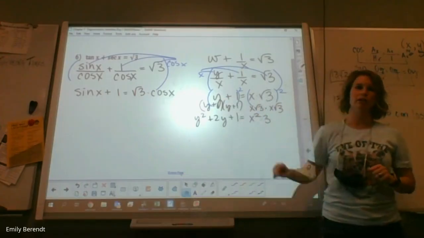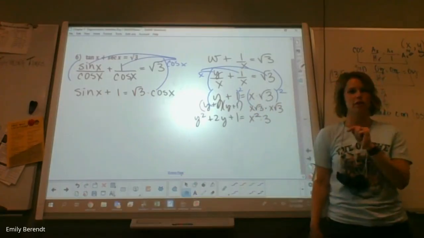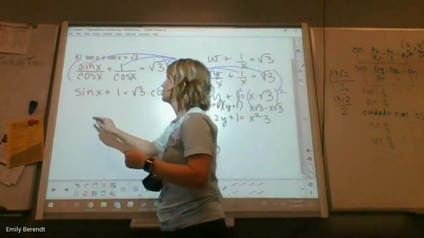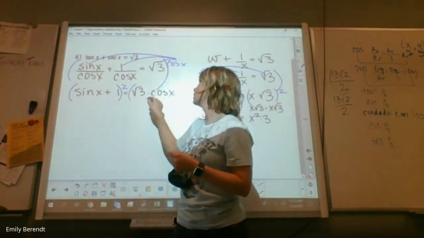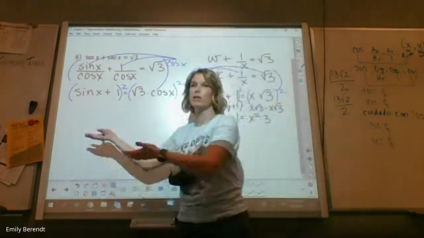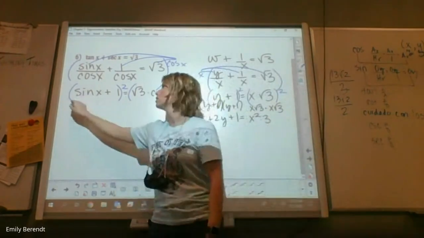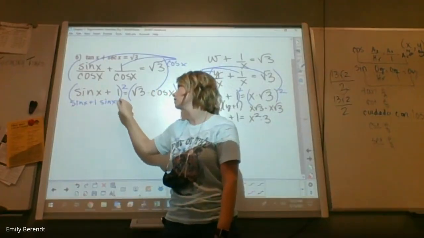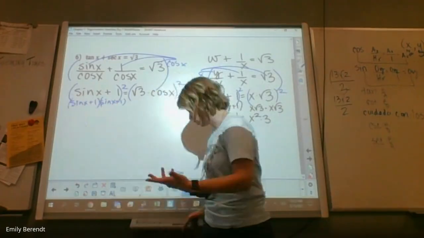So over here in trig land, what do we need to do? We're going to square it. In trig land, we have to FOIL sine of x plus 1 and sine of x plus 1. But we should know what we're going to get there.